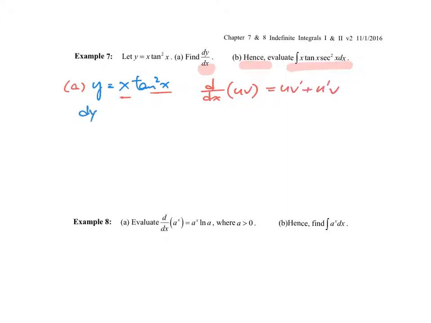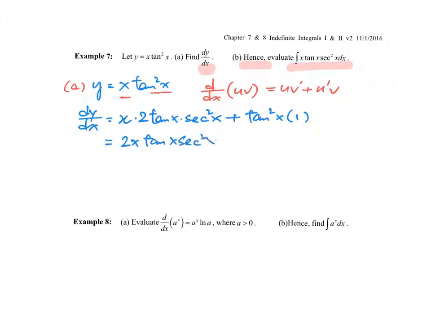So dy/dx gives you x times tangent squared, which is differentiated by chain rule: 2 tangent x first, then differentiating tangent gives you secant squared. Next, tangent squared is kept unchanged, differentiating x gives you 1. So finally, it's simply 2x tangent x secant squared x, plus tangent squared x afterward.